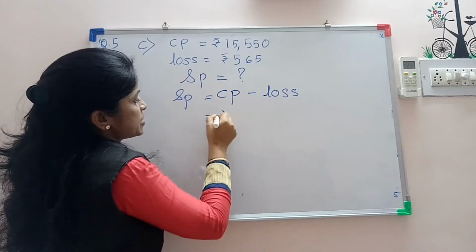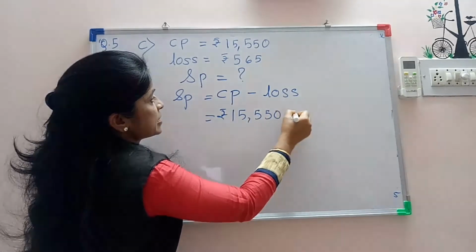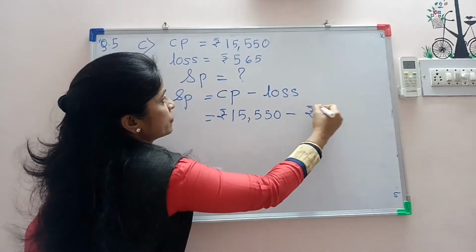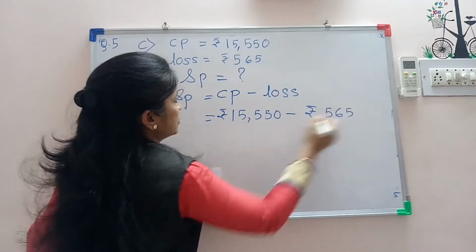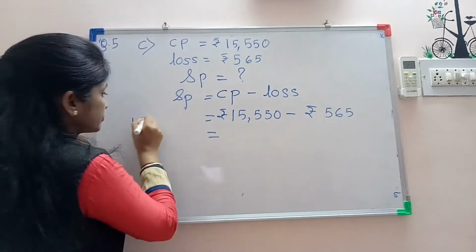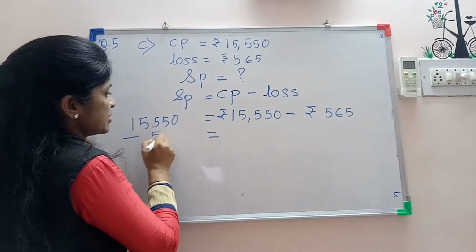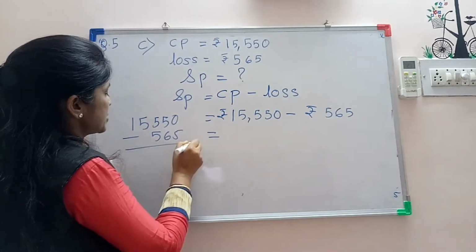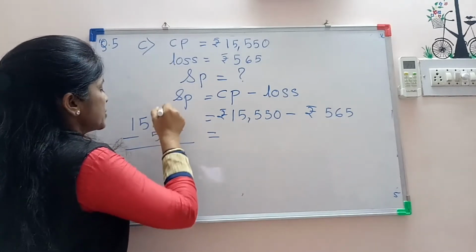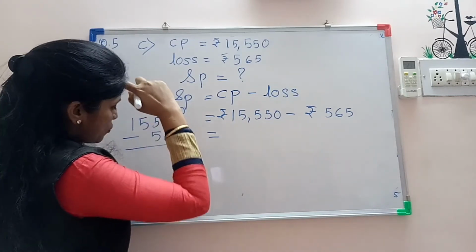Cost price is rupees 15,550 minus loss rupees 565. So when we do the subtraction, we will get 15,550 minus 565. We will regroup the number. 5 becomes 4, 0 becomes 10. Again 4 is smaller than 6.